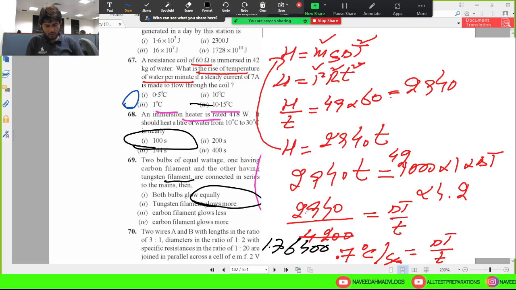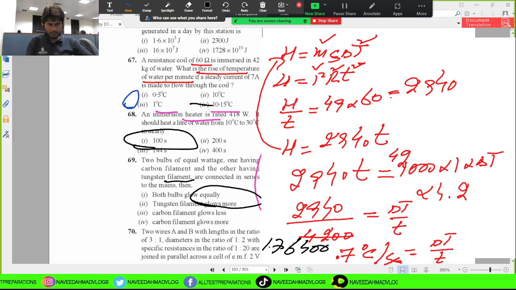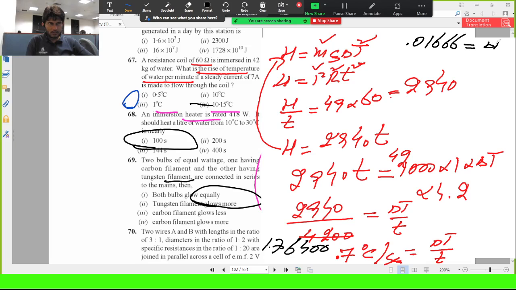Okay, so 2940 divided by 176,400 will give you 0.0166. This will be the temperature per second, degree C per second.